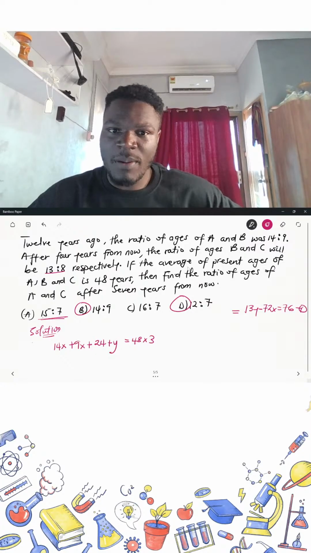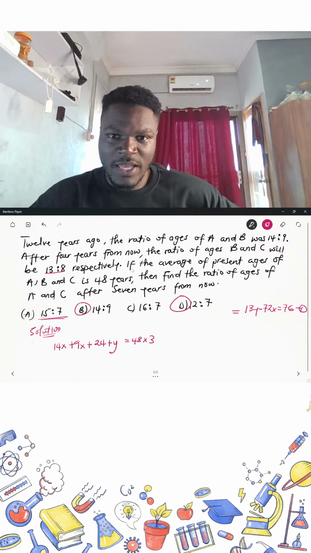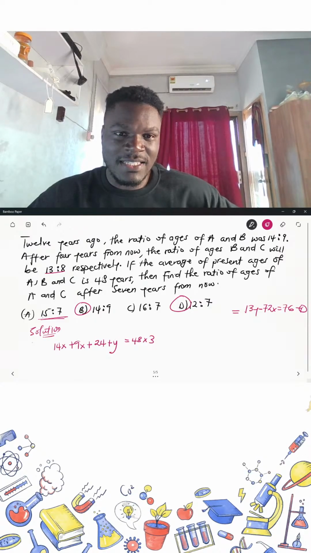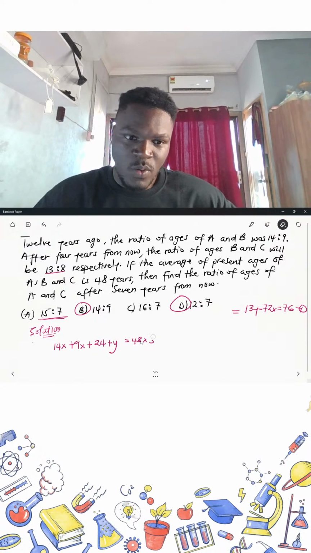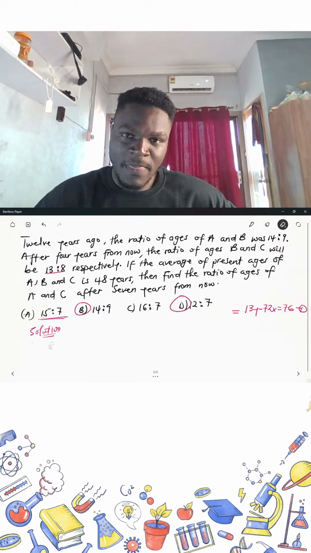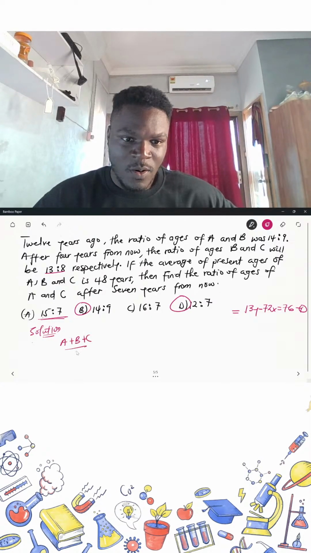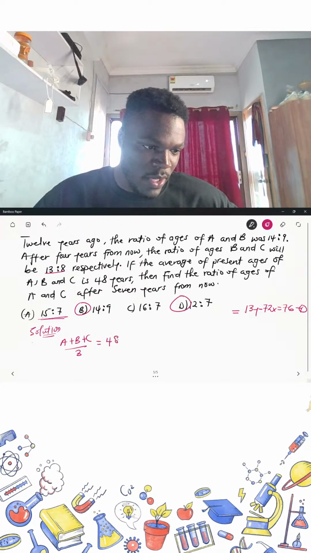Remember, we are saying that the average of the present ages A, B, and C is 48 years. So to find the average, it will be A plus B plus C all over 3, and that will be equal to 48. Are you okay?